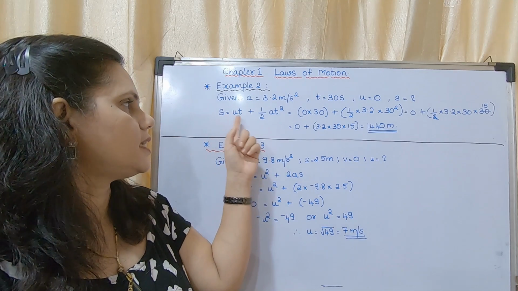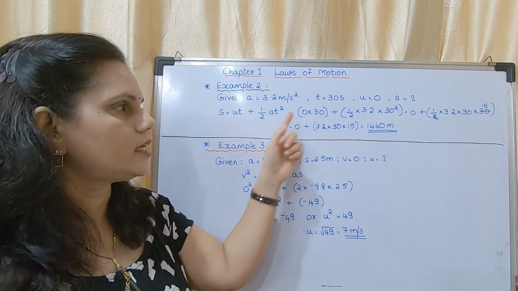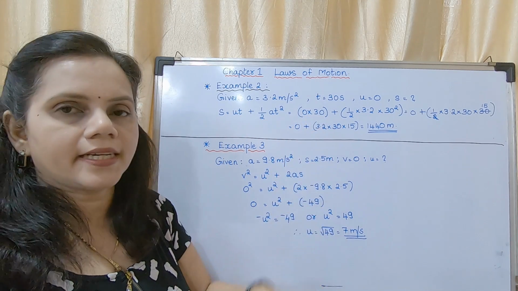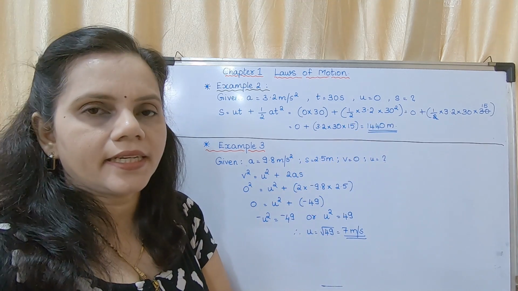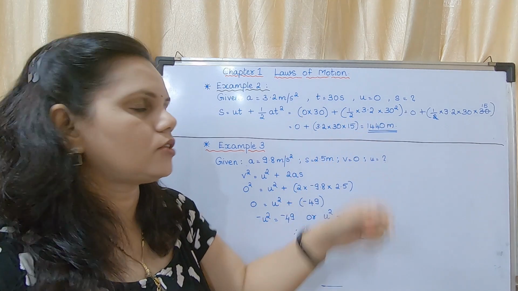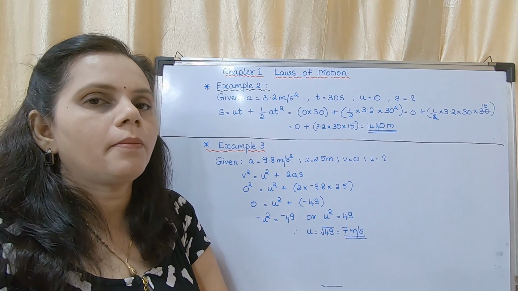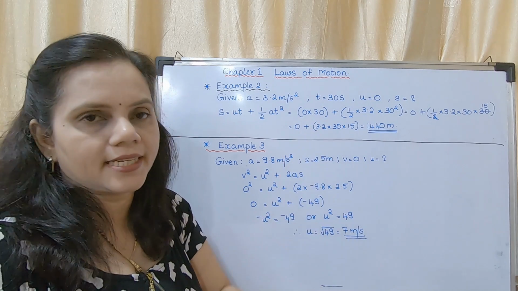So S is equal to UT plus half AT square. UT means U into T. U is 0, T is 30, plus half into 3.2 into 30 square. Now these brackets you may put, it has not been put in your textbook, but to prevent confusion you may put those brackets there.